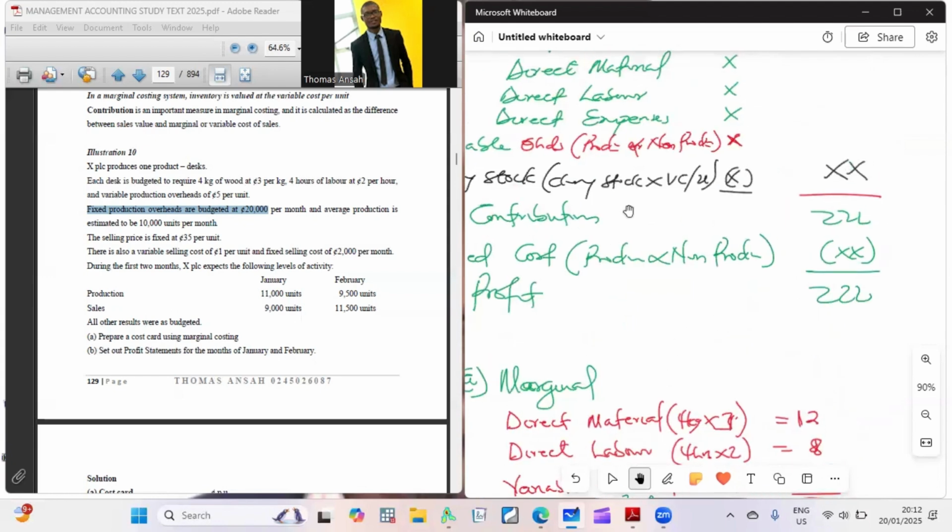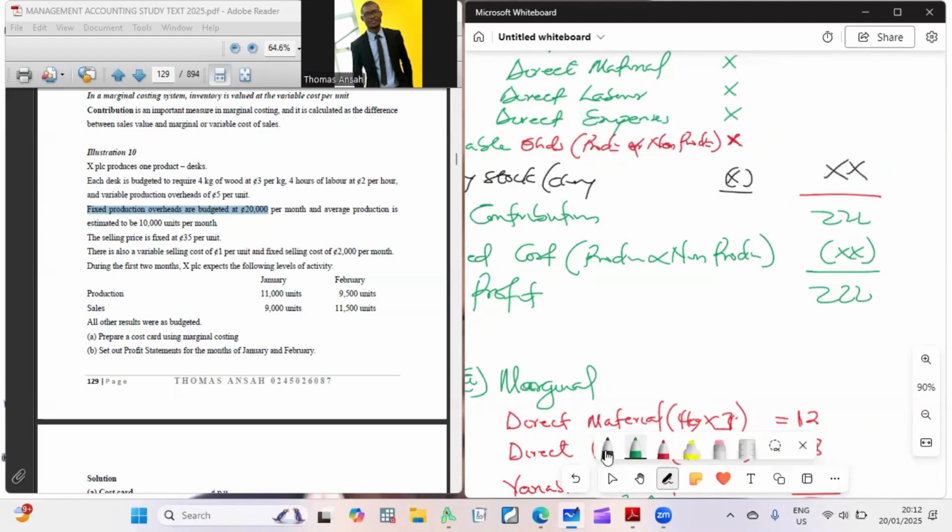All right, so this is it. It should be variable production cost per unit. So it's like this: variable production cost, not just variable cost, but variable production cost. So let me specify it for you.